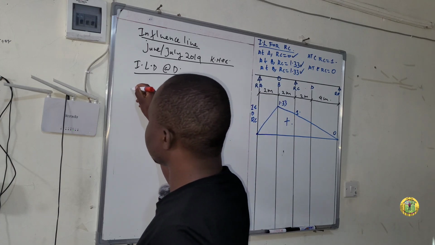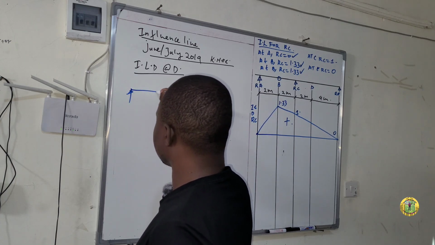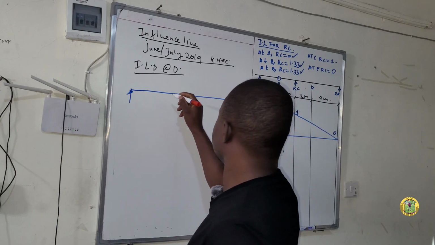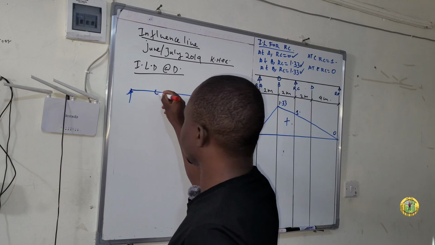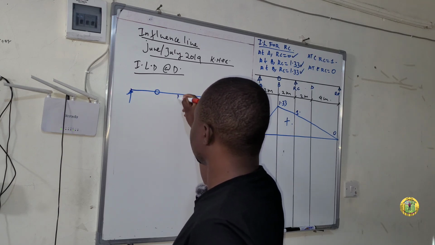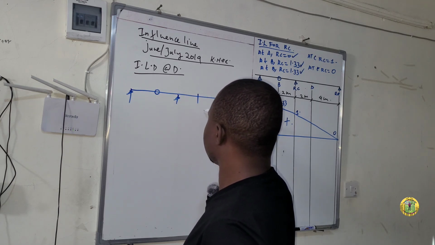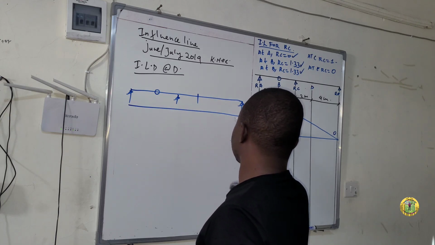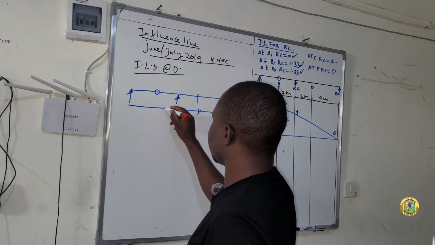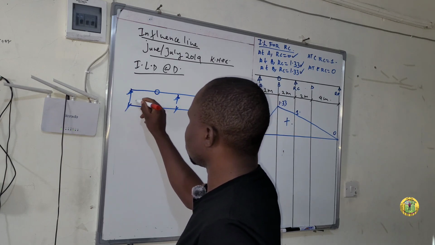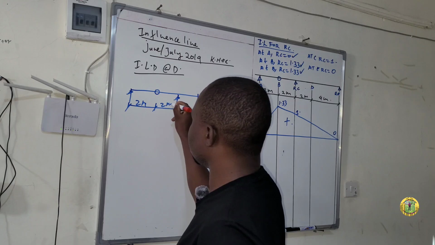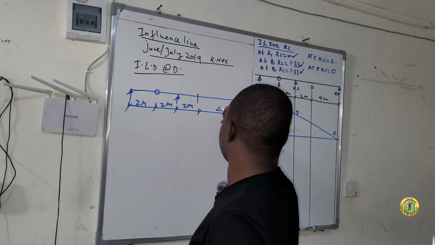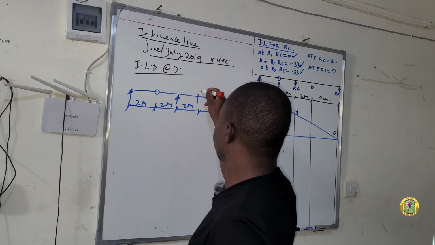So this is the beam. Two meters, 2 meters, 2 meters, and then 4 meters. And this is point D.